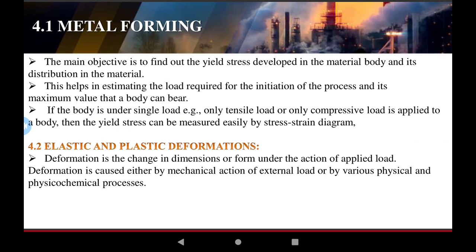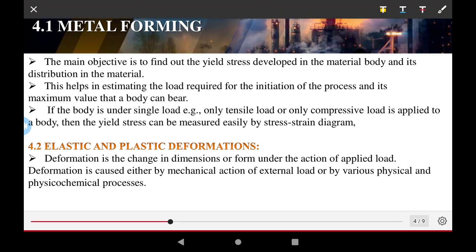In metal forming, the main objective is to find out the yield stress developed in the material body and its distribution in the material.